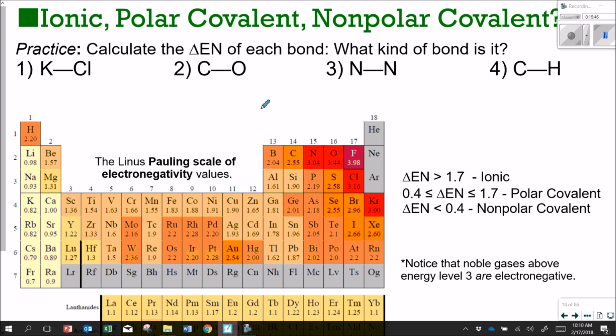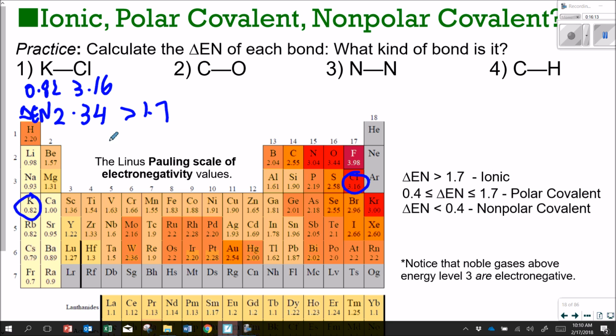Let's practice. Potassium chloride. Potassium has an electronegativity of 0.82. Chlorine is 3.16. So when I subtract the two, I get 2.34 for the delta EN. So that is greater than 1.7, and we have an ionic bond. The bond between carbon and oxygen: carbon is 2.55, oxygen 3.44.